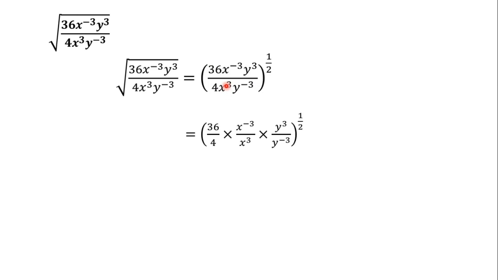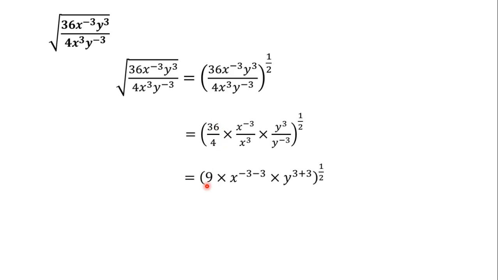Now I'm going to group them so that I will be able to simplify. So I'll group the numbers and the letters. This will give me 36 divided by 4 times x exponent minus 3 divided by x exponent 3 times y exponent 3 divided by y exponent minus 3, raised to the power half.